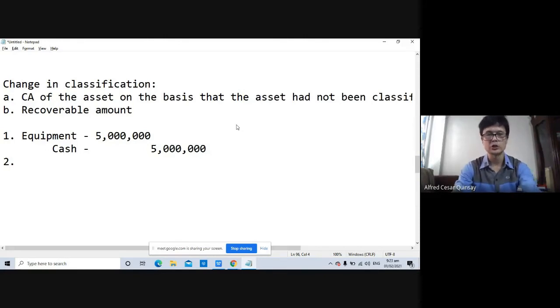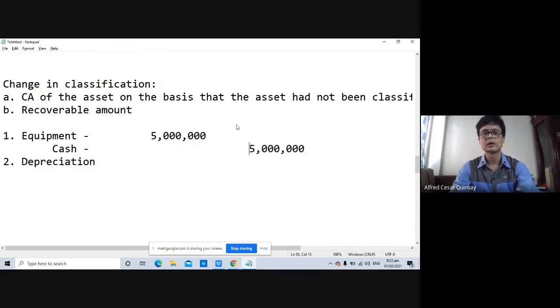That is only 1 year, from January 1, 2020 to December 31.